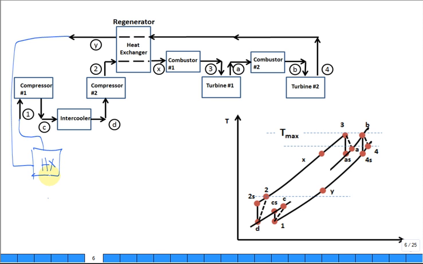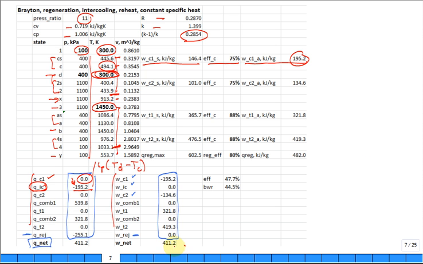I have to have that, otherwise my energy balance won't work for the cycle. But often in the book, they don't show that. This is a heat rejection here, so that the air keeps going in a loop. This work net checks. They're the same. If they're not, find my error.